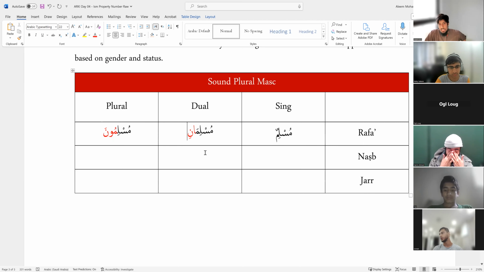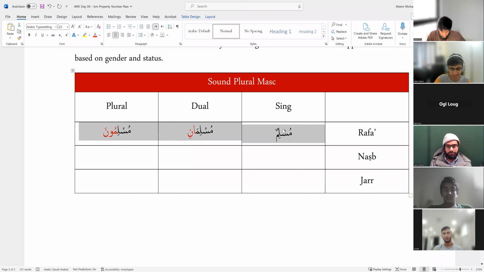So we're going to be dealing with rafa for an un ending when it's singular, an ani ending when it's dual, and an una ending when it's plural. So this means Muslim, this means 2 Muslims, and this means Muslims, in brackets, 3 or more. And this is only for the state of rafa when it is masculine. So guys, take a minute, commit that to memory. Just say to yourself, Muslimun, Muslimani, Muslimuna, Muslimun, Muslimani, Muslimuna.